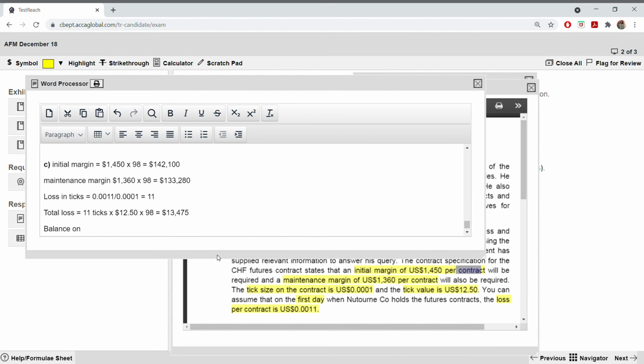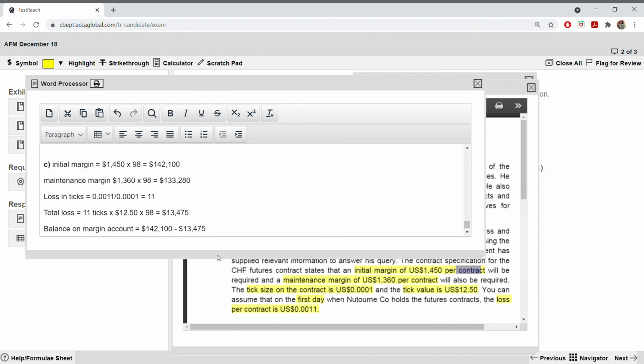Balance on margin account: what was the initial margin? $142,100. Now from the initial margin you deduct your loss, $13,475.